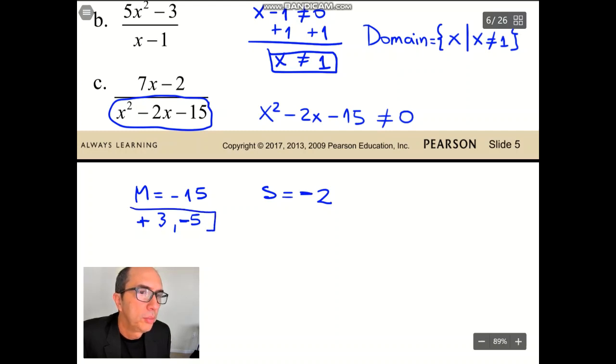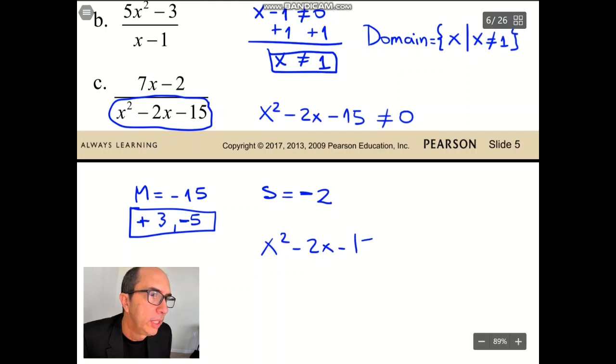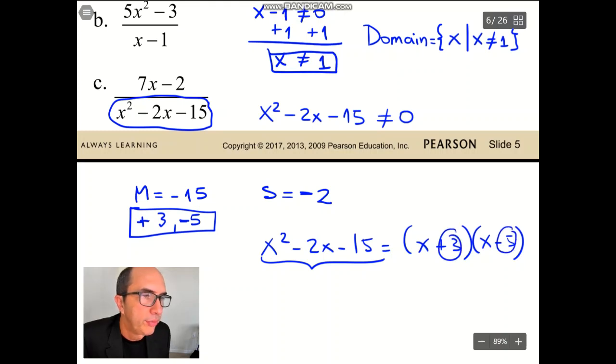So these are the numbers we will use to factor this expression. We can write x squared minus 2x minus 15 equals x plus 3 times x minus 5. That means what makes this expression equal to 0 is negative 3 and positive 5.